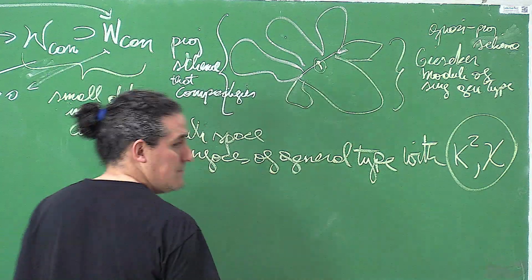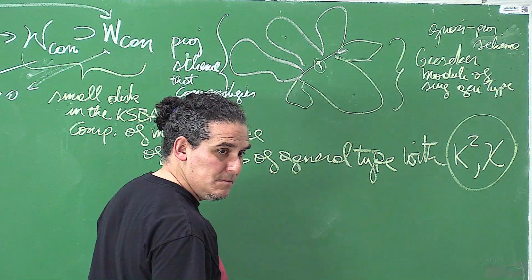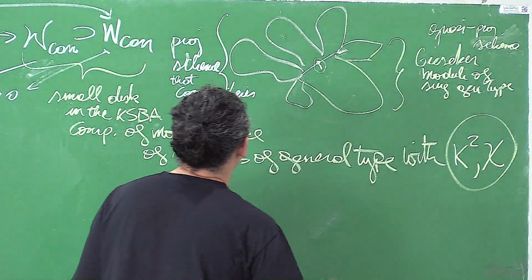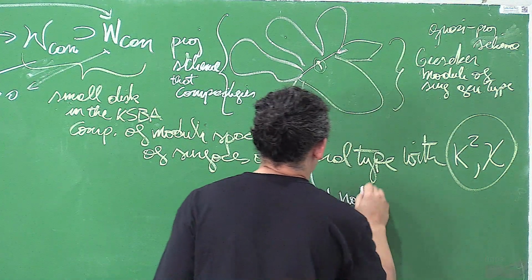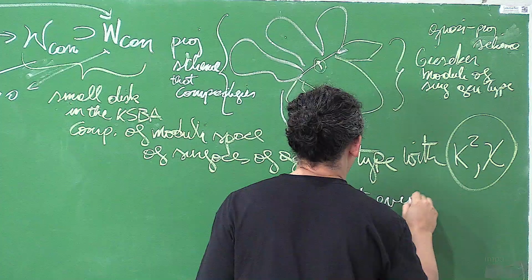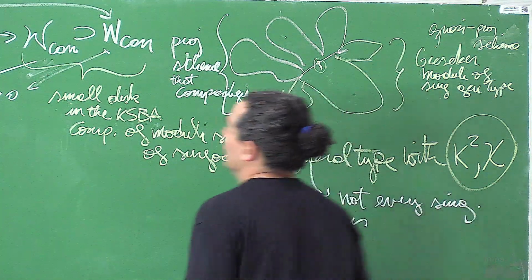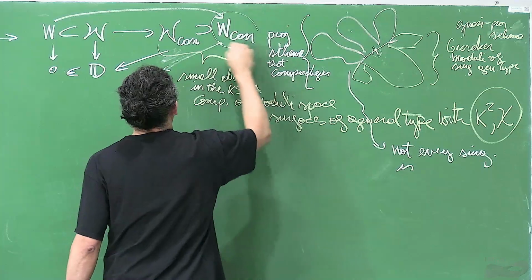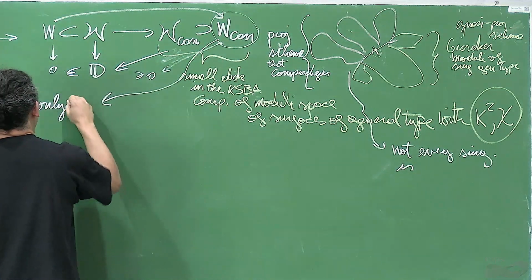Now, yes, there are. So I was going to say something about that. Not every singularity is, so by the way, this W can has only T singularities.